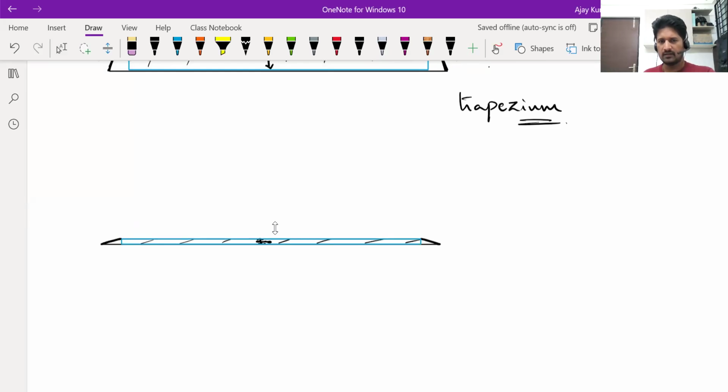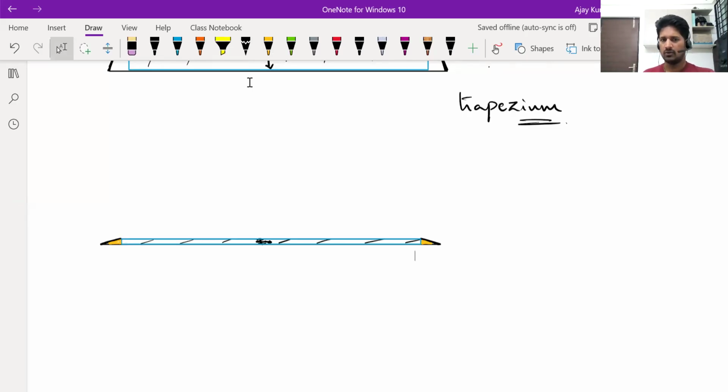Then most of the area of the trapezium is the rectangle itself. The triangular parts, one on this side and one on that side, which I'm shading in yellow, are not even noticeable. They're not significant compared to the rectangle in between.